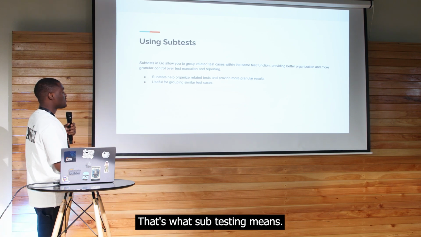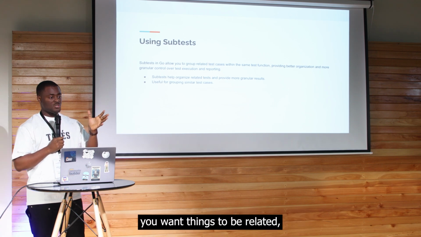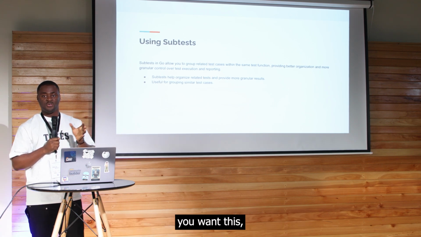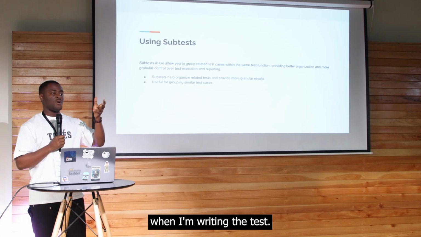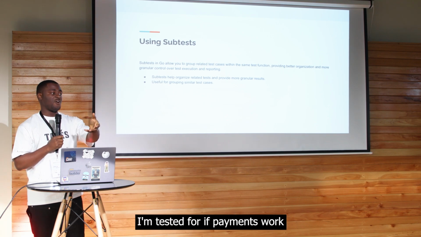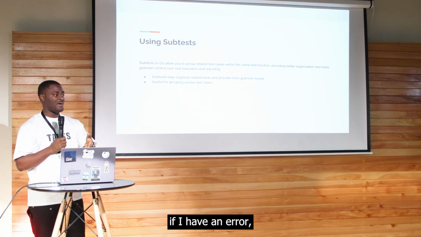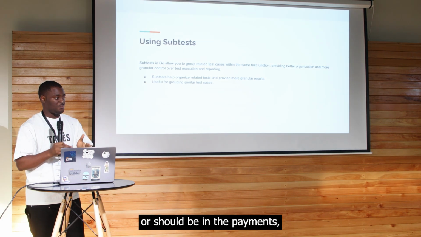That's what subtesting means. When you're testing your code, you want things to be related. When I'm writing the test, all my tests should ask: did the payment work? I'm testing if payments work. I'm testing if I have an error with my payments. I'm testing if my endpoint is down, all within payment.